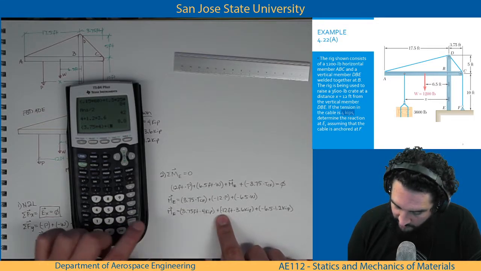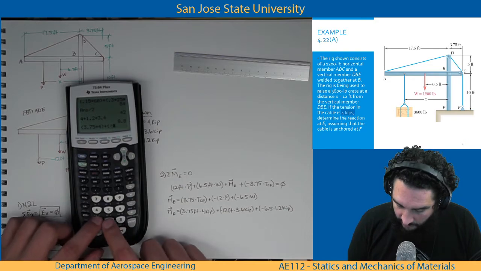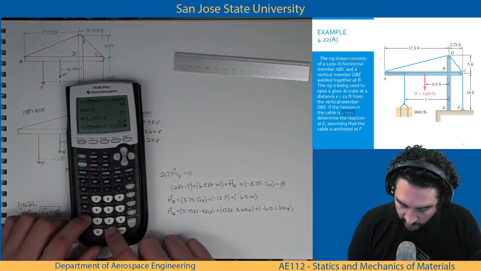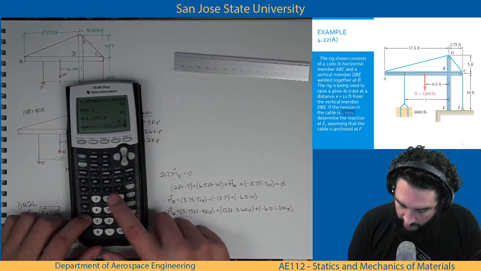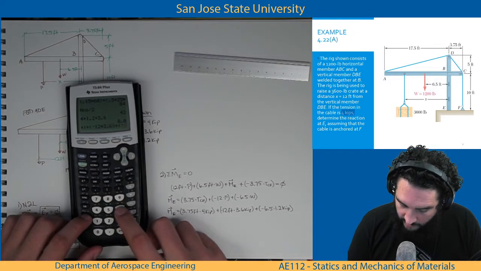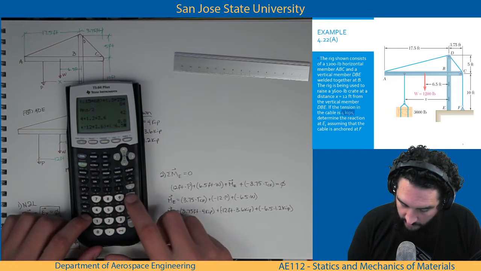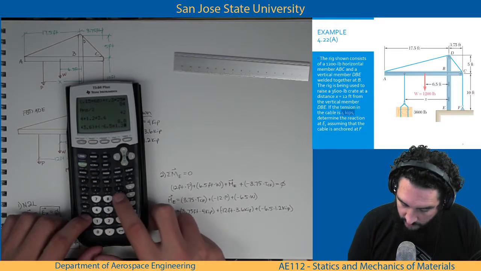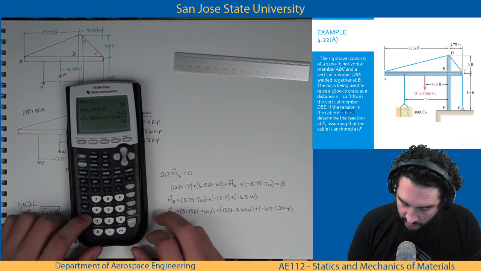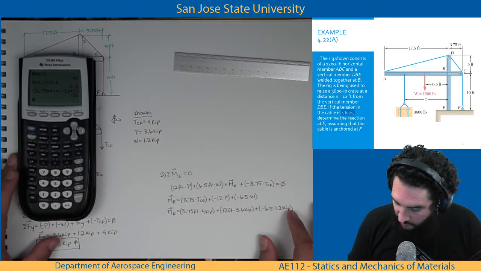Negative 12 times 3.6. Negative 6.5 times 1.2. Close parentheses. Negative 36 foot kips.